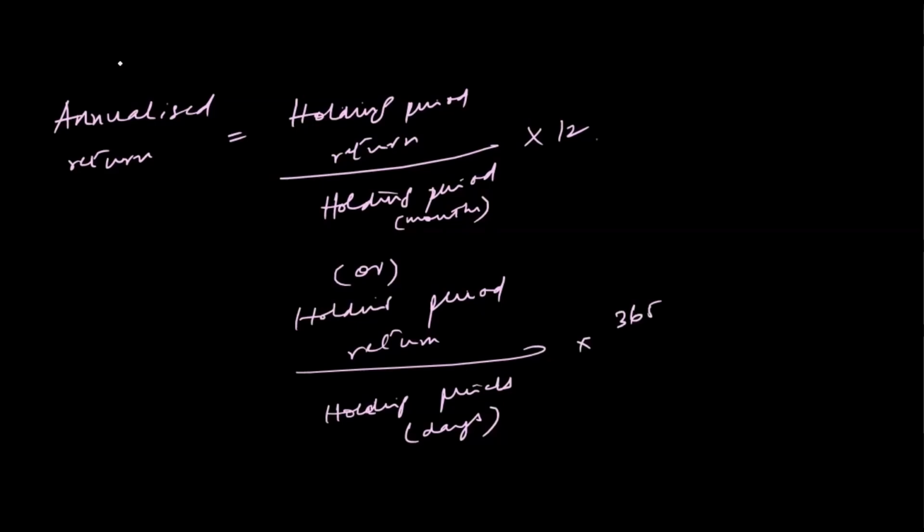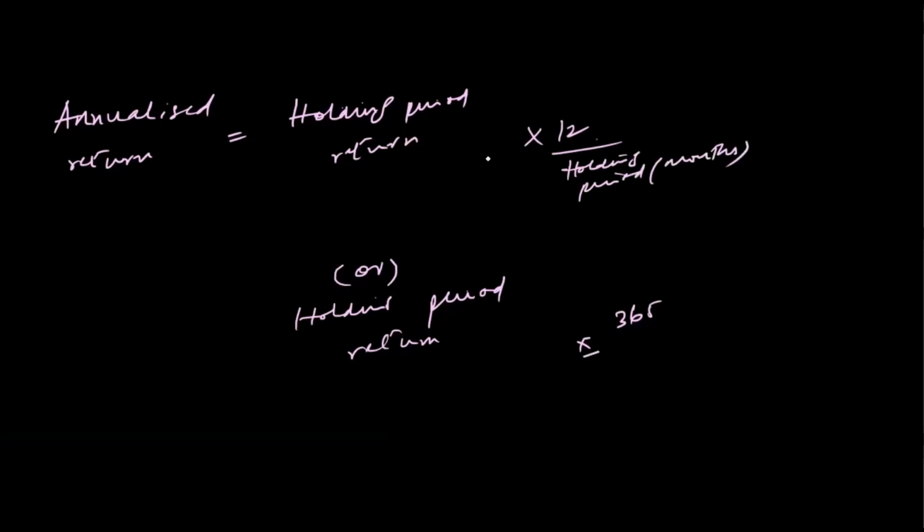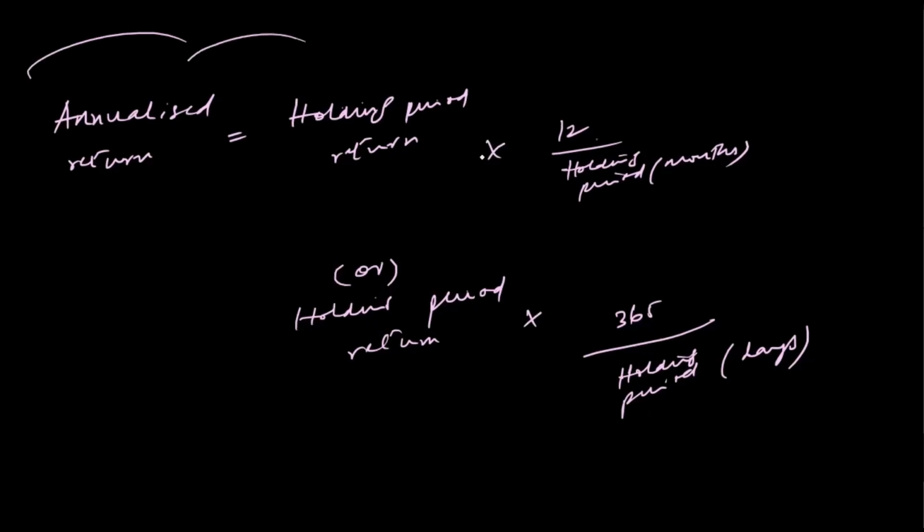Simplifying it, we get holding period return into 12 by holding period in months, and 365 by holding period in days. So this is the formula.